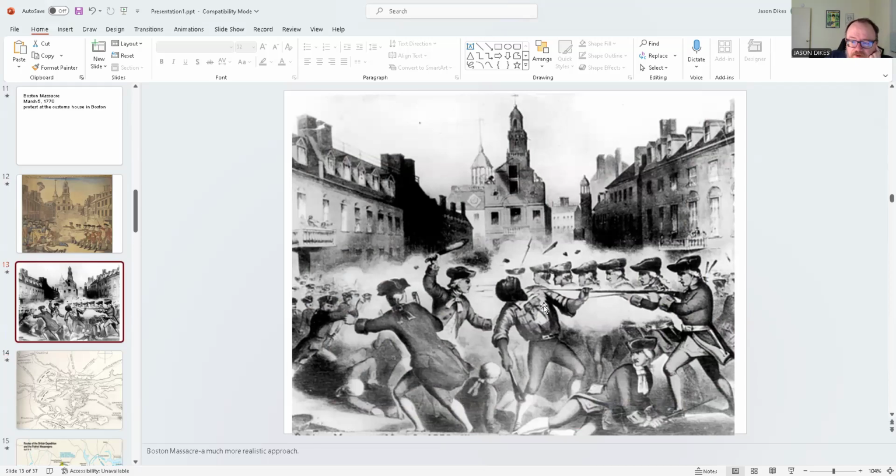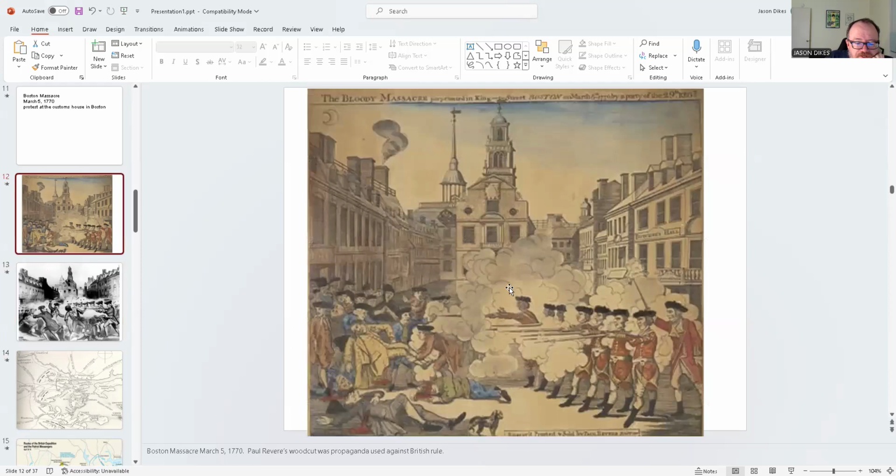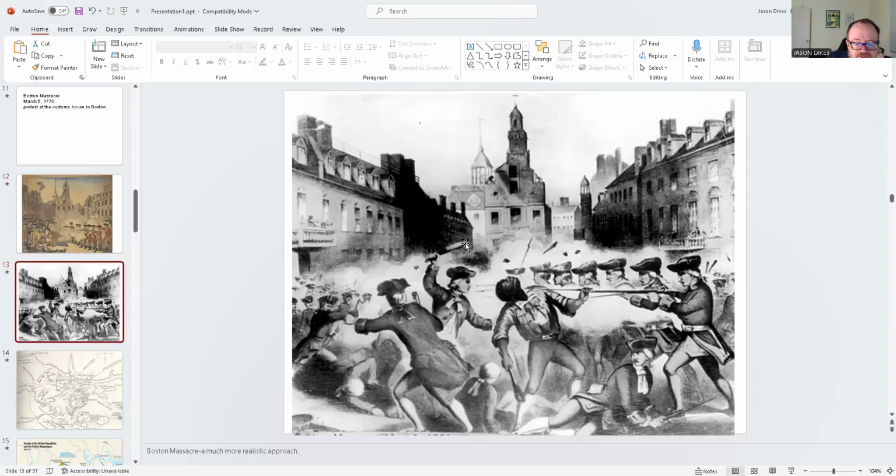And one of the Americans killed was a free black, Crispus Attucks. So it's really more of a pitched battle, and no one is really sure who actually fired the first shot. What you don't see up here in Paul Revere's propaganda is that the crowd had been throwing rocks at the soldiers all day, and the crowd had been swinging these, called lobster bats.